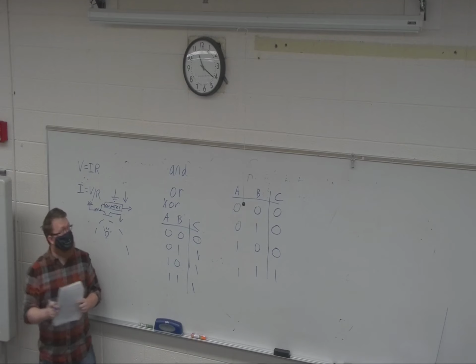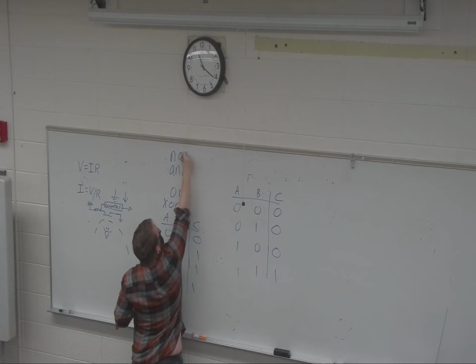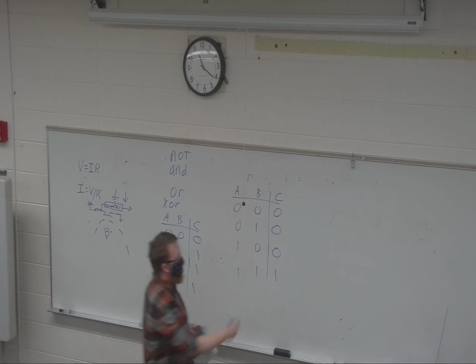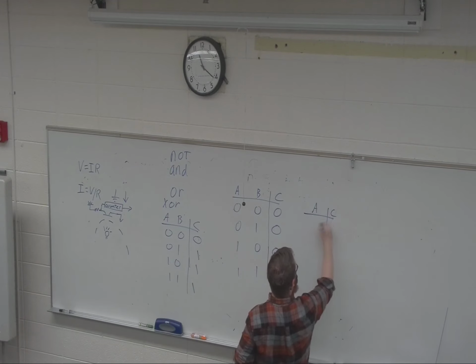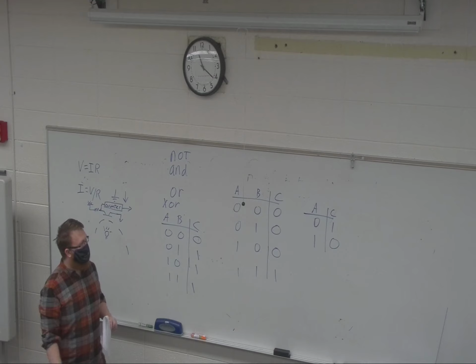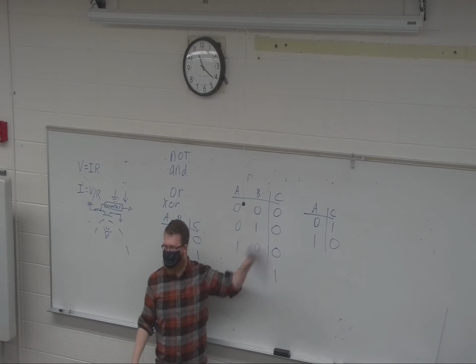There is more. One of the simplest ones, not, right? And that's a simple truth table because it doesn't have multiple inputs. The output does the opposite of whatever the input is.